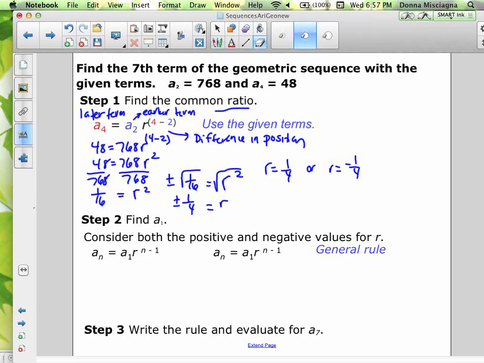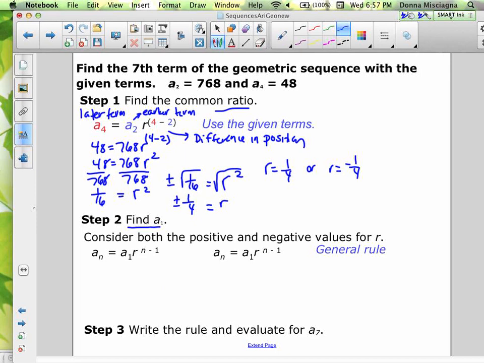So we'll consider both the positive and the negative values in solving for A1, and then we'll evaluate on the next page.